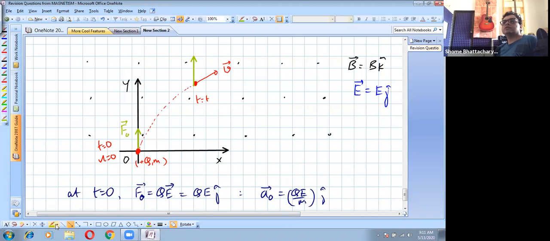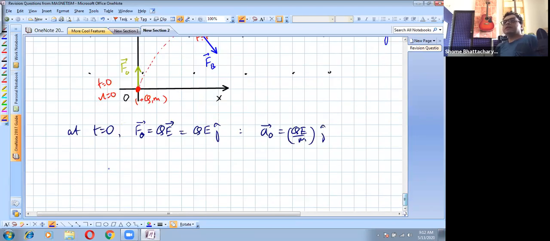So this is the electrostatic force, and along with that there is also magnetic force. Now that magnetic force will be in this sort of direction. V cross B, we can see here, is pointing like this. So this is your magnetic force at that time t equal to t.